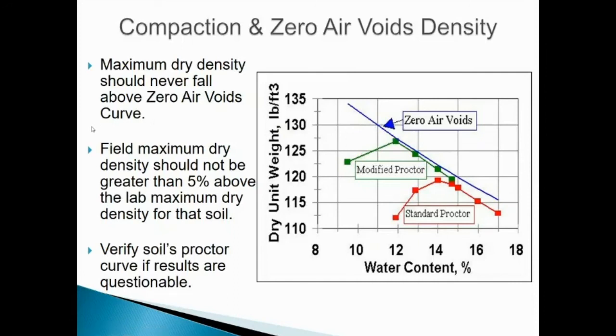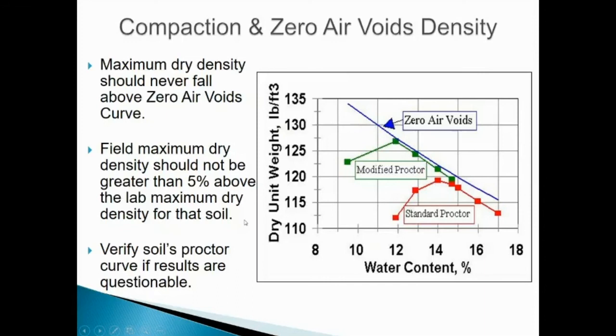You need to either find a more suitable Proctor that matches your soil material or perhaps develop a new Proctor curve. In addition, the dry density that you determine in the field should never be more than 5% above the laboratory determined maximum dry density for that soil.